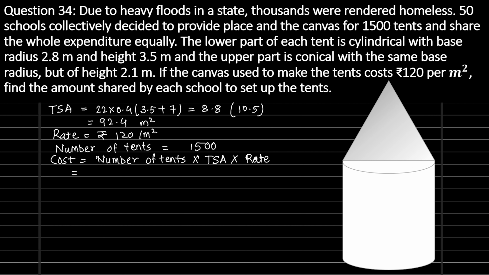So it will be equal to 1500 multiplied with 92.4 multiplied with 120, which is going to give us rupees 1 crore 66 lakh 32,000.